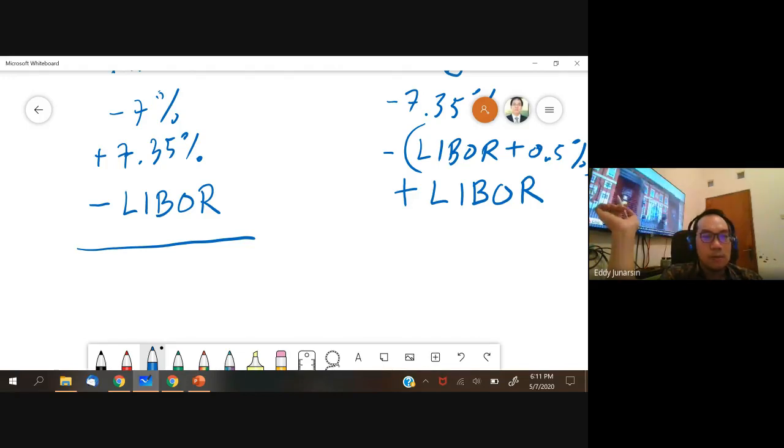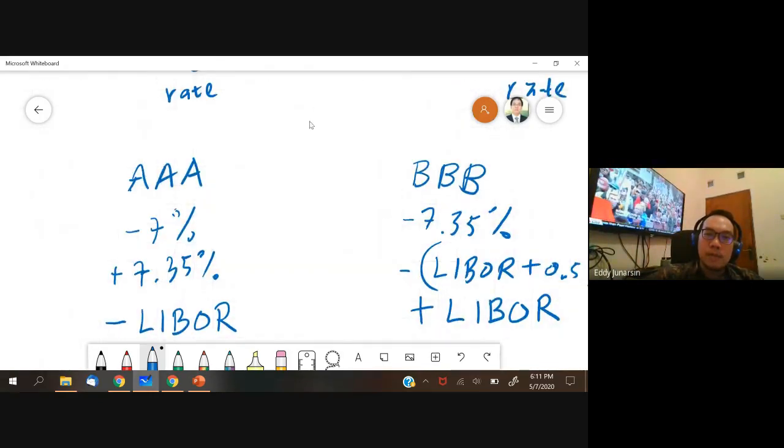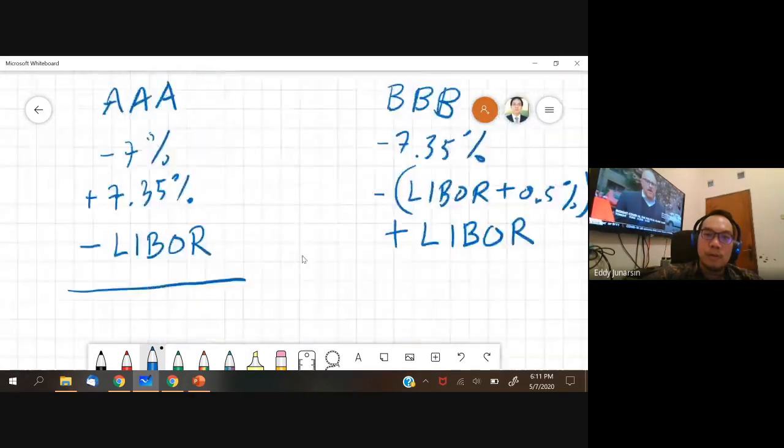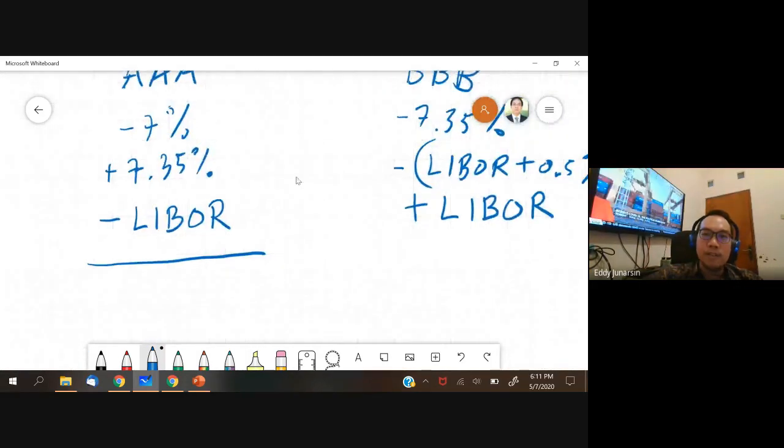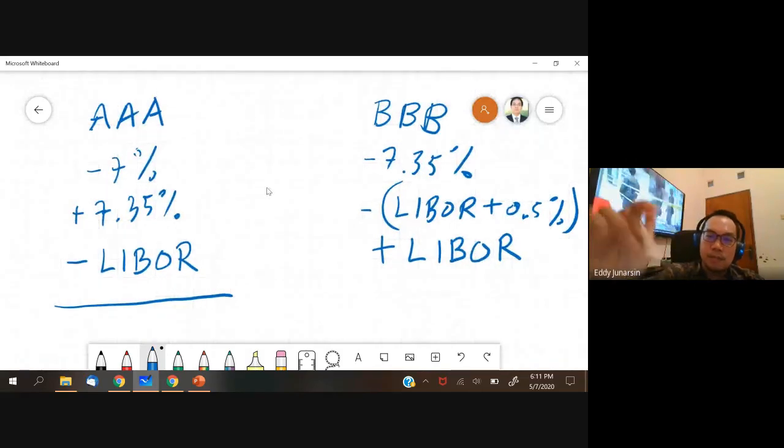Okay, so minus 7, right? Plus what about 7.35? So what's the difference here? Oh, sorry, I think we only received like 7.25 here. Sorry, a bit because of the investment bank, remember?